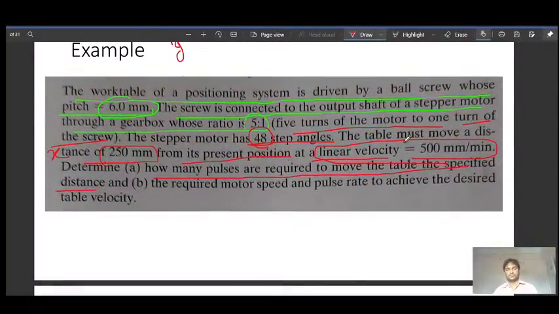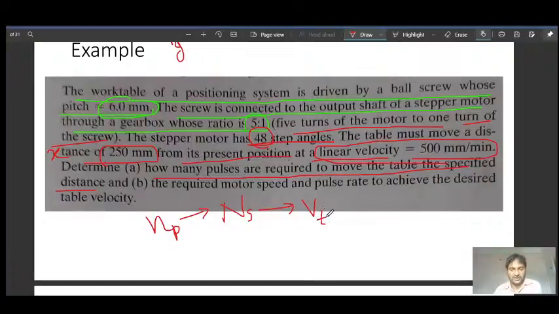Now to solve it, the number of pulses is directly related to Ns, and Ns is directly related to the table speed or velocity of the table. So how do we calculate the total number of pulses? Let me do it.